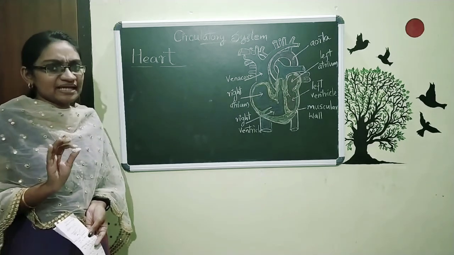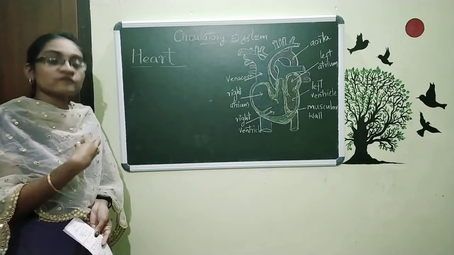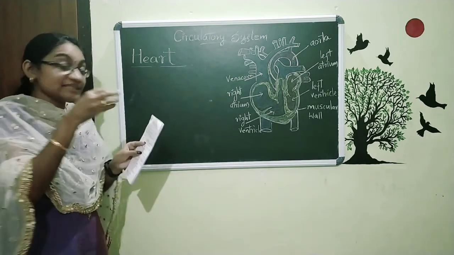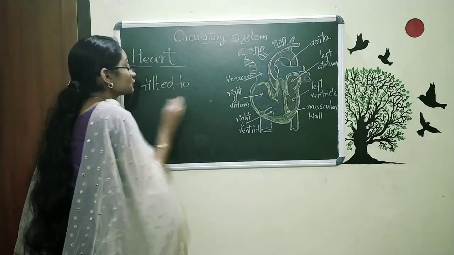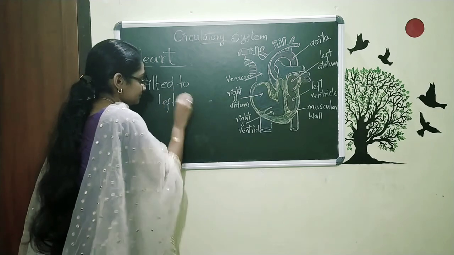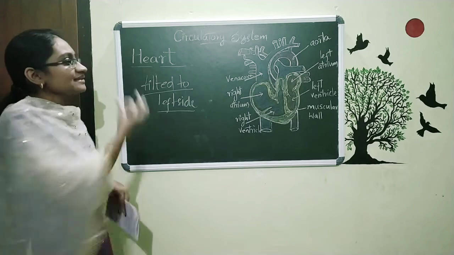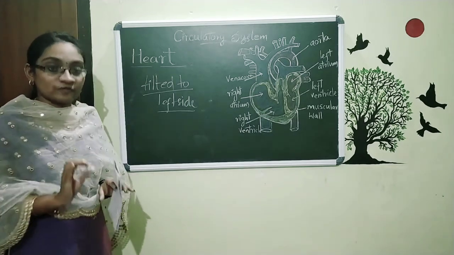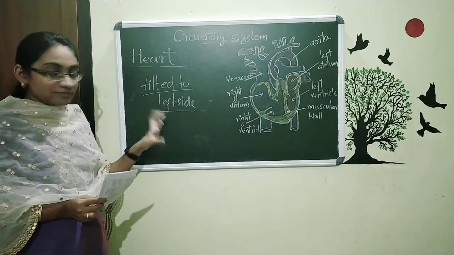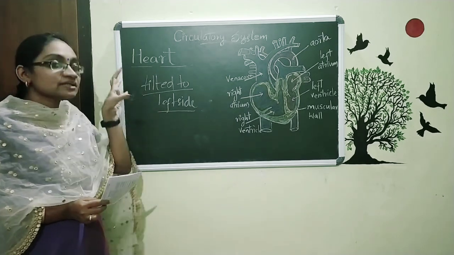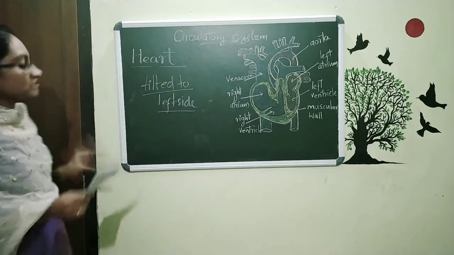Actually, it is not like that. The heart is located at the center of the body, but it is tilted to the left side, and that's why we say the heart is on the left side of our body. So it has a tilt to the left, but is actually located between the lungs. So this is about the location of the heart.